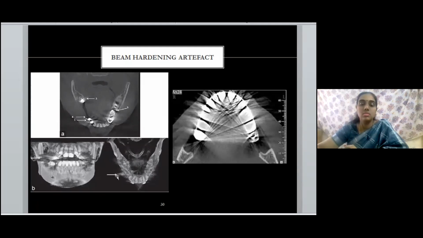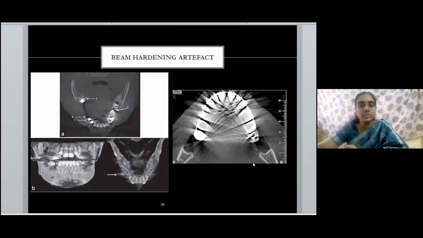This is the beam hardening. It will be seen as both white and dark streaks, present interdentally in between the metallic restorations. I'm not talking about these lines. These are streak artifacts, but I'm talking about the dark beam hardening effect, which is present interdentally in between the crowns.